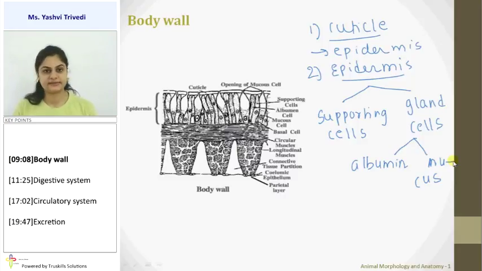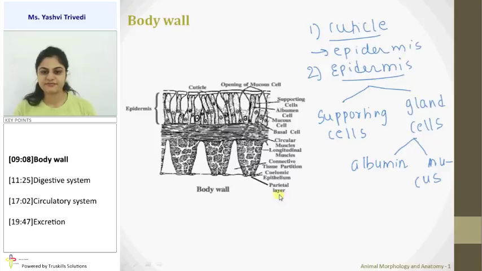As we know, the earthworm doesn't have any specific sensory organs. Whatever they sense from the external stimulus comes from the sensory cells present in this epidermis layer, which help to get sensations from the external stimulus.